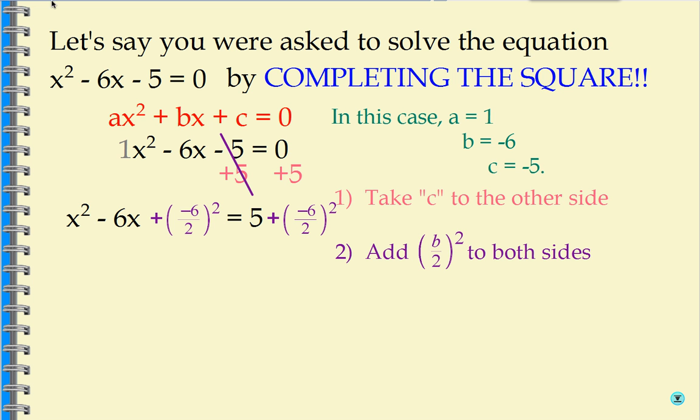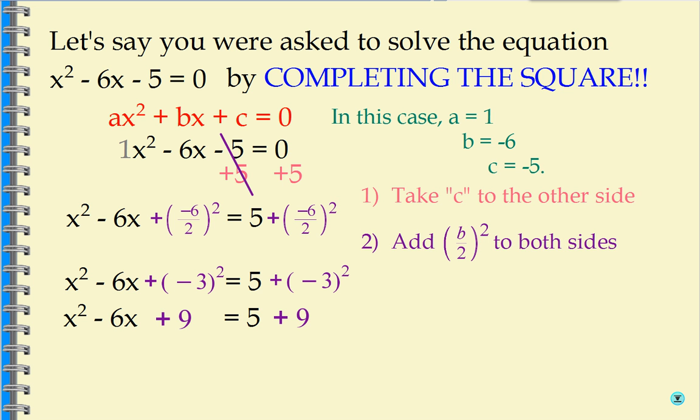Negative 6 divided by 2 is negative 3. When I square that, that means negative 3 times negative 3, which means that I'm adding 9 to both sides. That's b divided by 2, then I square that number.